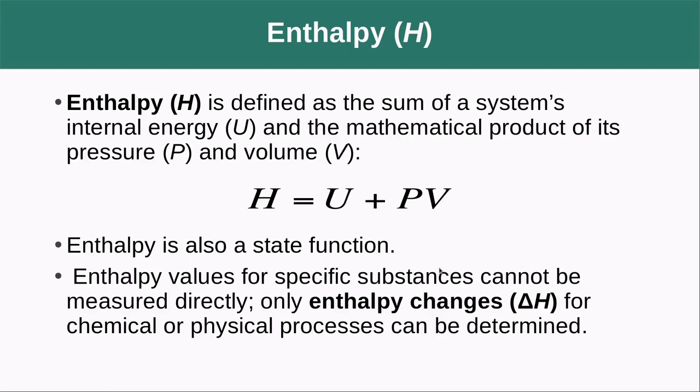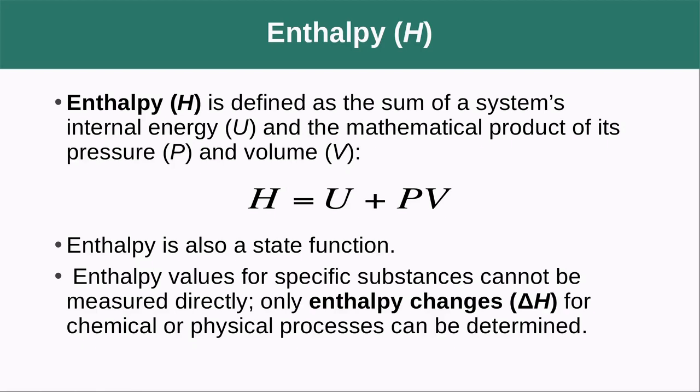So chemists are mostly concerned about enthalpy, and we're going to talk a little bit about what that is. Enthalpy is defined as the sum of a system's internal energy and the mathematical product of its pressure and volume.